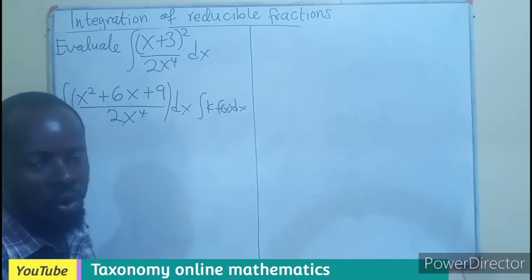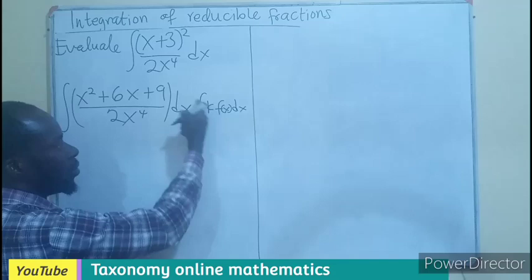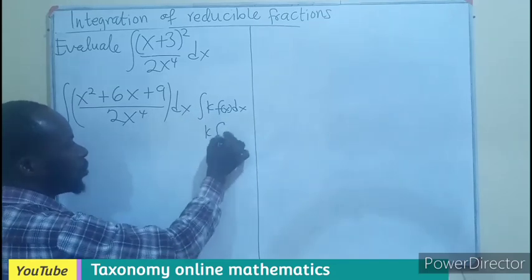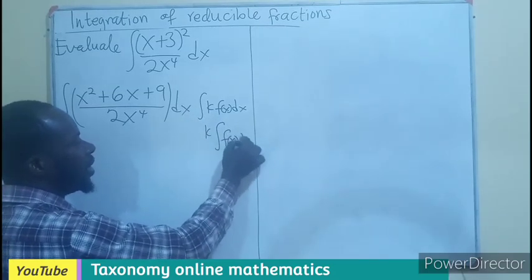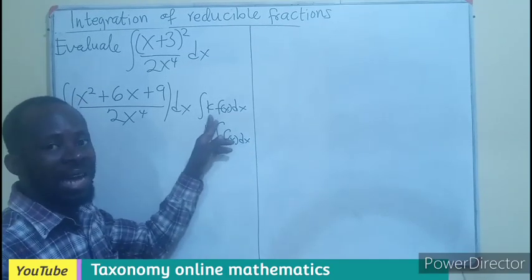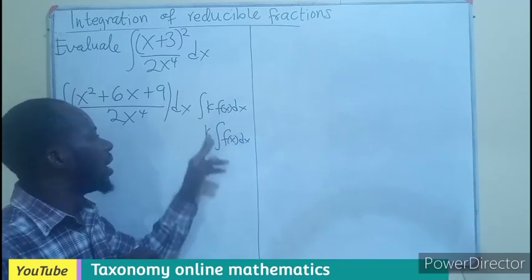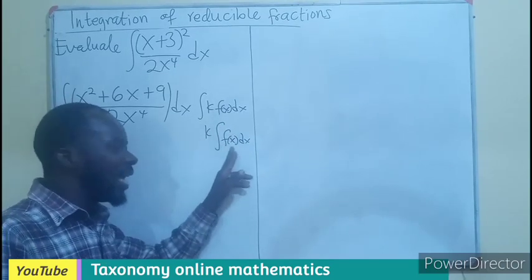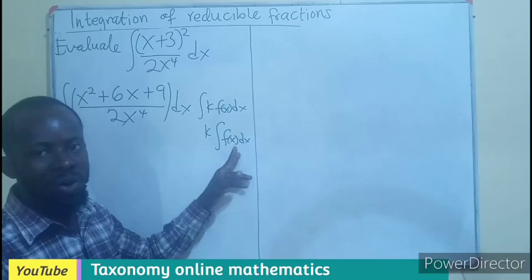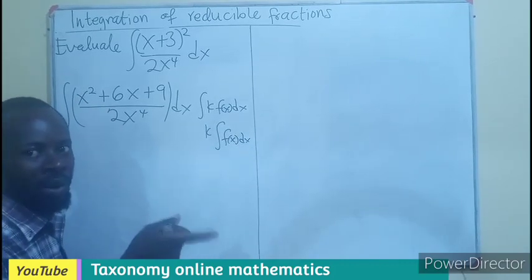But we can also remember that if you have the integral of k times a function of x, where k is a constant or a coefficient, in the integration we push the k out before we integrate the function. So if I have a constant as a coefficient, I shift the coefficient out of the integral sign, then I integrate, then multiply by the coefficient. It is not a constant term alone, it's a coefficient.